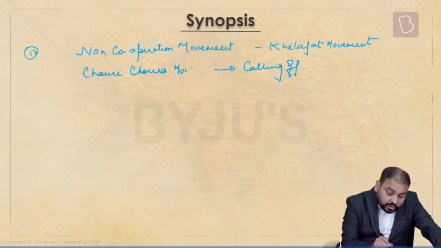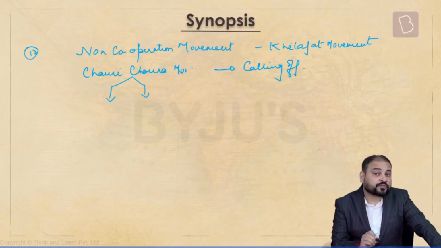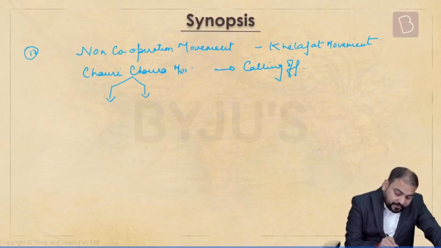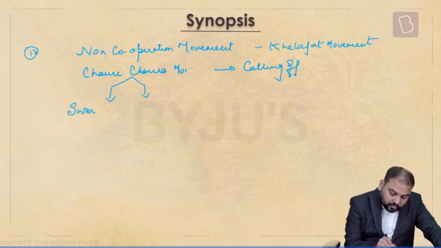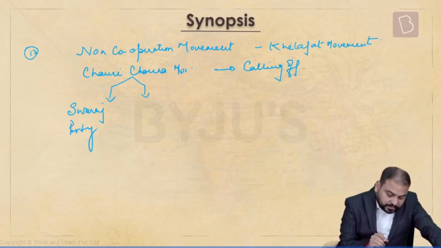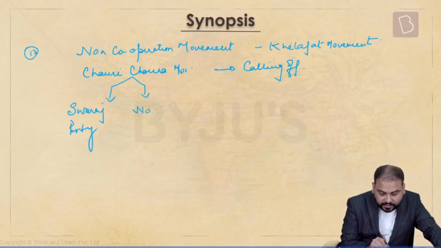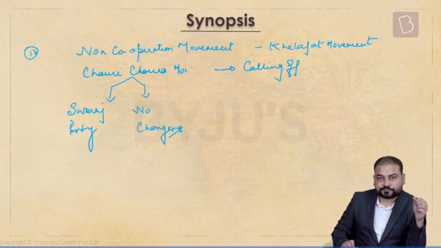Because Gandhiji has called off the non-cooperation movement, many people will be disappointed and they will go on to form their own Swaraj Party, whereas others will remain with Gandhiji and they will be your no-changers.